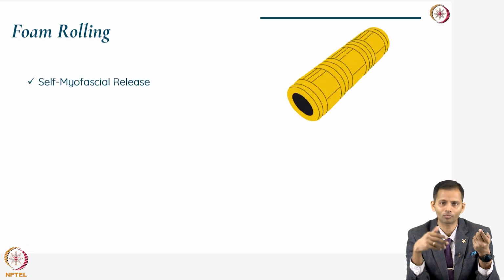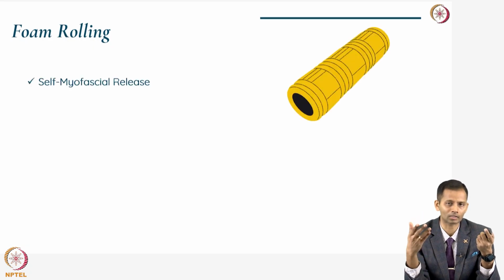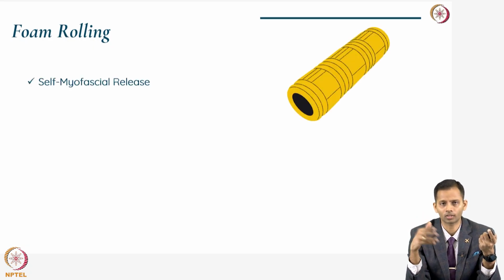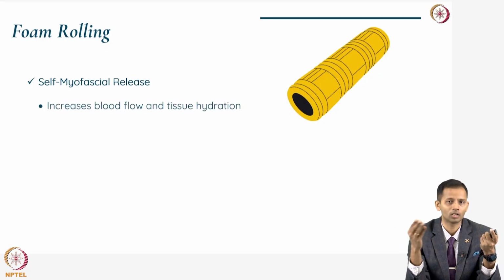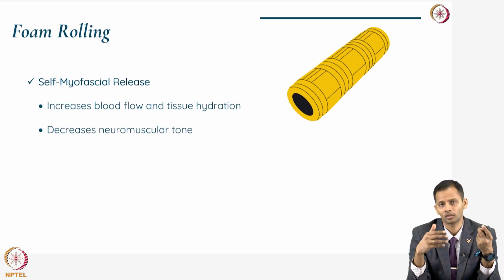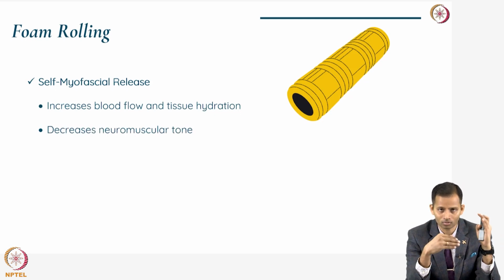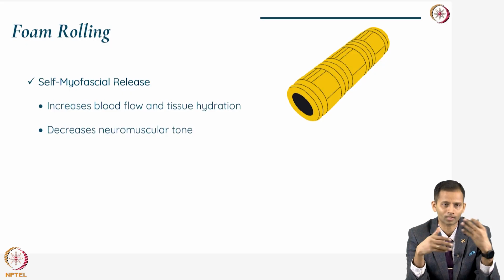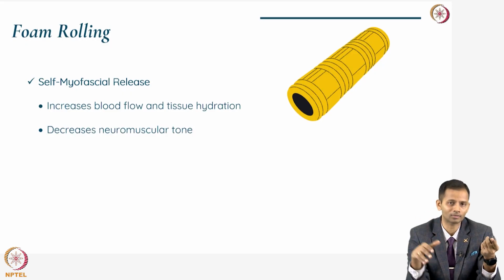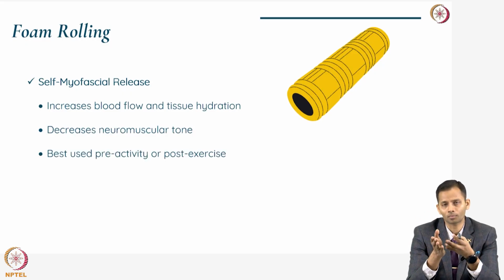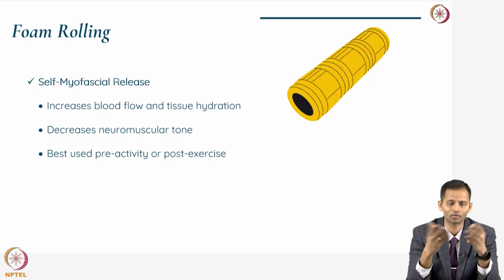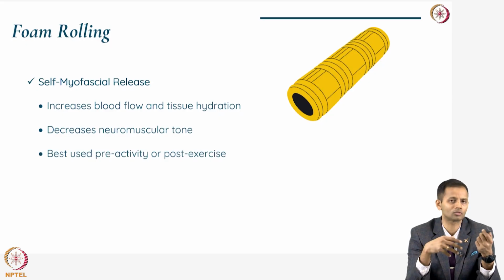Foam rolling is more of a self myofascial release, wherein the individual uses it post activity as part of a cool down routine as well. It causes an increase in blood flow and tissue hydration, and is considered to decrease the muscular tone. So muscular tone decreases and helps in relaxing the muscle as well. And this can be used either pre-activity or post-exercise.